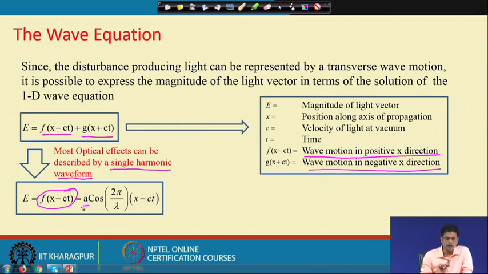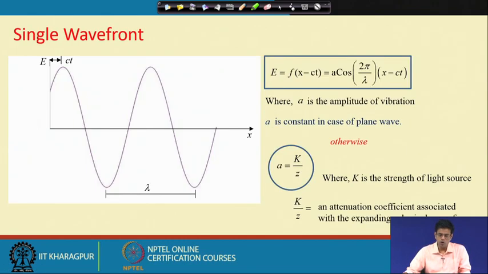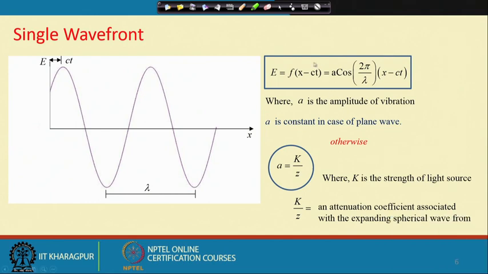For instance, I can write A cos of 2 pi by lambda times x minus c t. This is harmonic, and A is the amplitude of the wave. This is very similar to simple harmonic motion, where A is known as the amplitude of vibration.